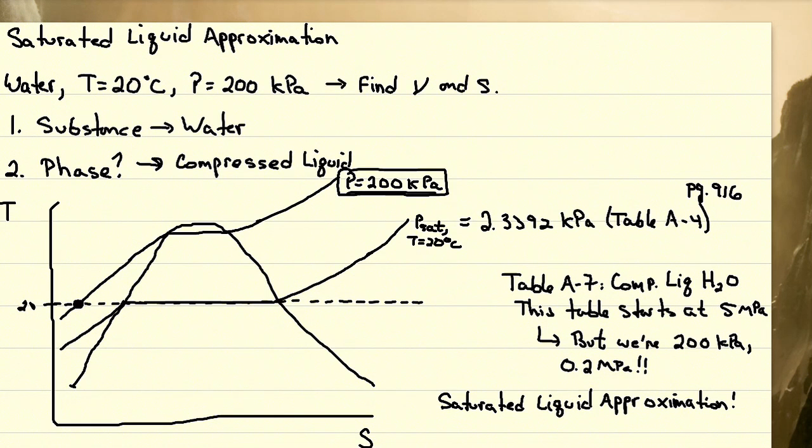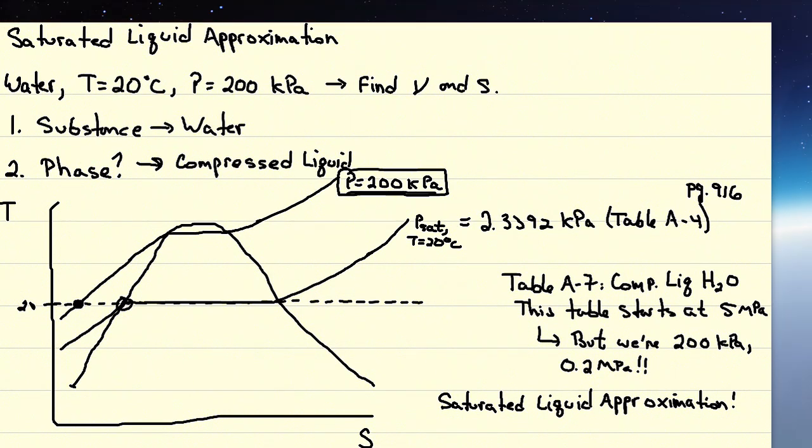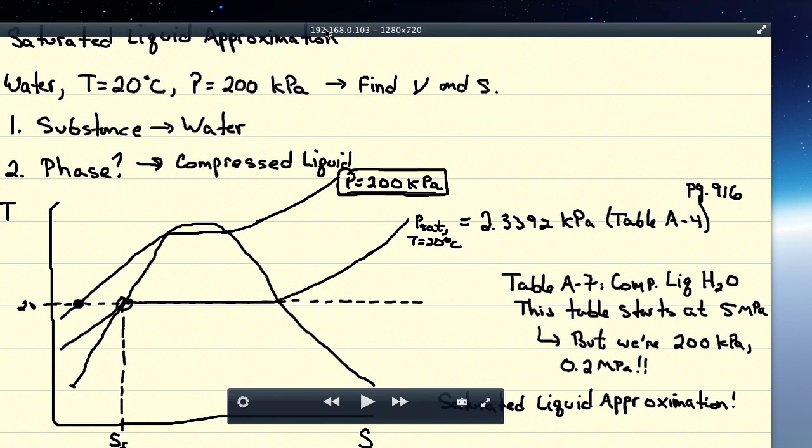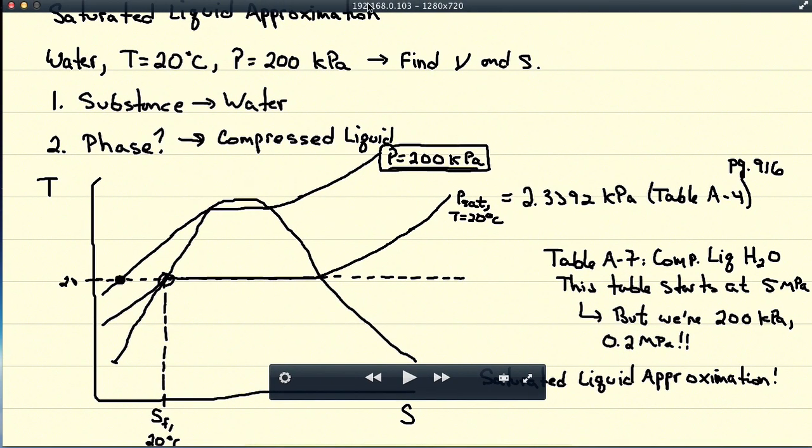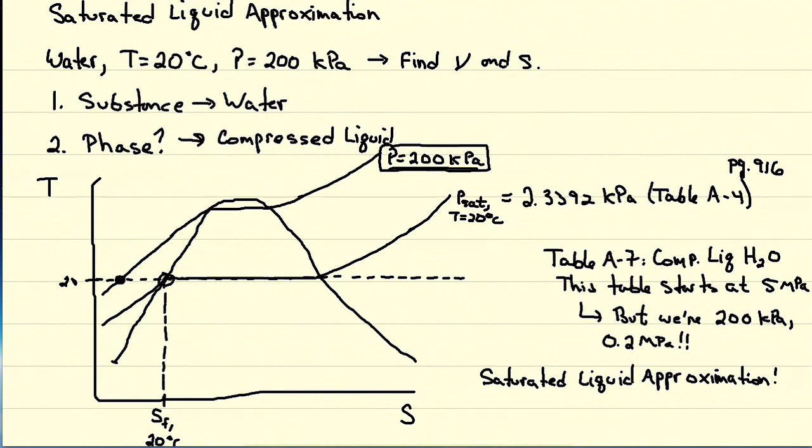We're assuming that the substance has these properties right here at 20 degrees C, and so the entropy that we're looking for is going to correspond to the saturated liquid entropy at 20 degrees C, and the specific volume that we're looking for is going to be the saturated liquid specific volume.